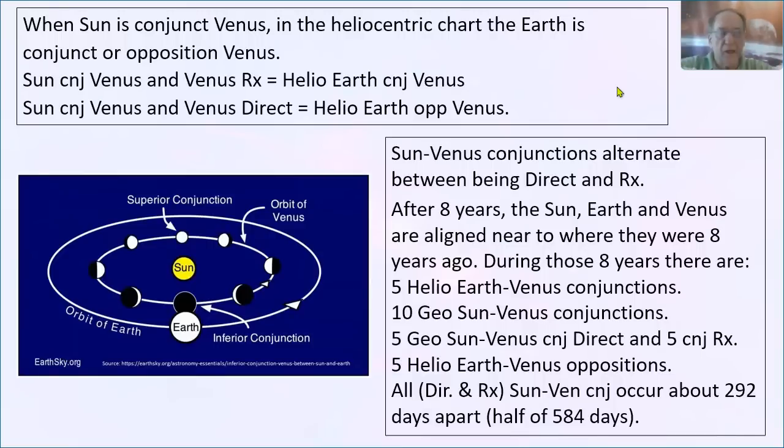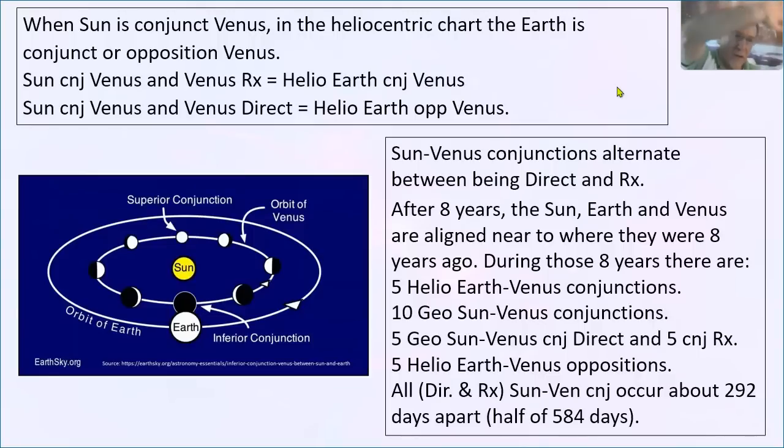There's this yin-yang polarity where heliocentric, you go from conjunction to opposition, conjunction to opposition. It's like a seesaw. And while heliocentrically you have this seesaw, simultaneously, every time you say conjunction heliocentrically, you're saying there's a geocentric Sun-Venus conjunction, and Venus is retrograde.